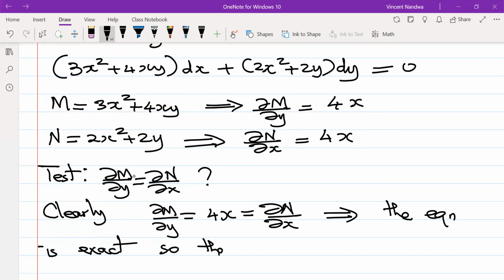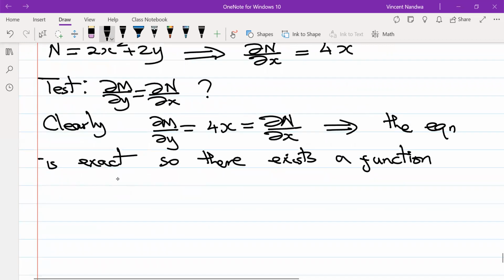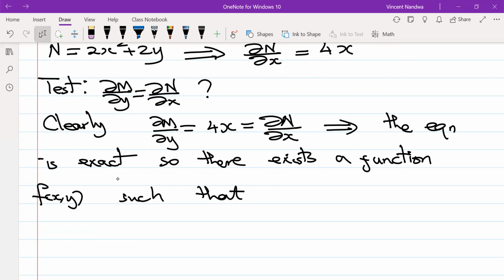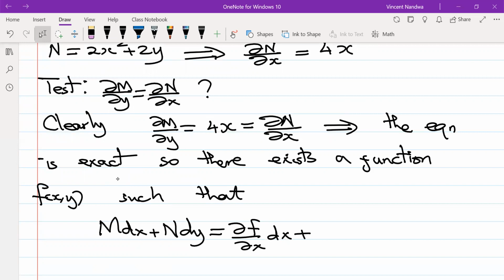So there exists a function f(x, y) such that M dx + N dy = partial f partial x dx + partial f partial y dy.